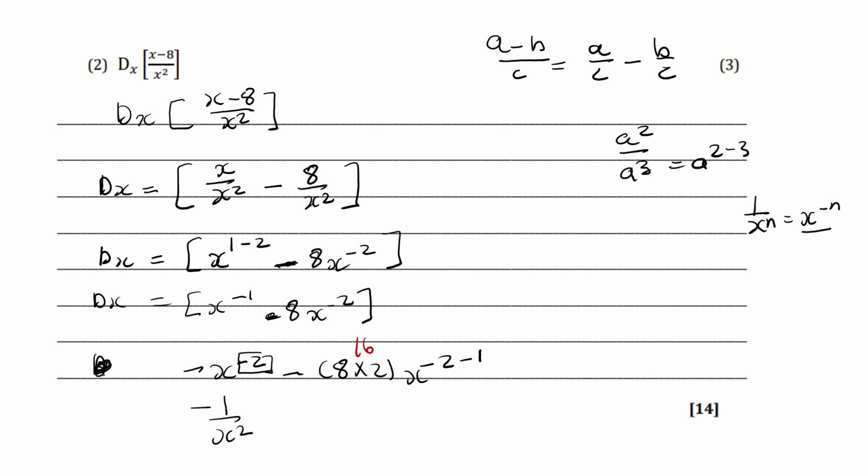We are reversing this law: if our exponent is negative, we can write it as 1 all over everything positive. So now this will be minus 16, and I have this as x to the power minus 3. The x to the power minus 3 is 1 over everything without the negative. So this will be 16 over x to the power 3. Then you have successfully solved the problem and you're going to collect your 3 marks.